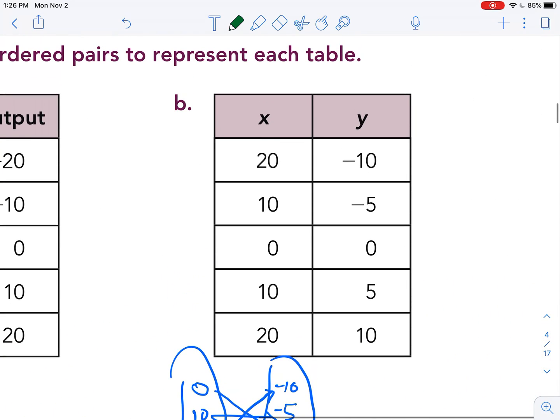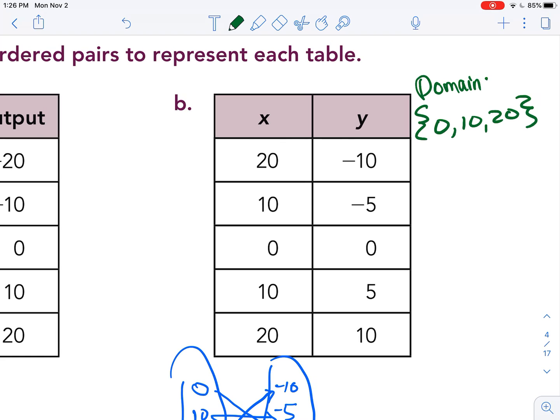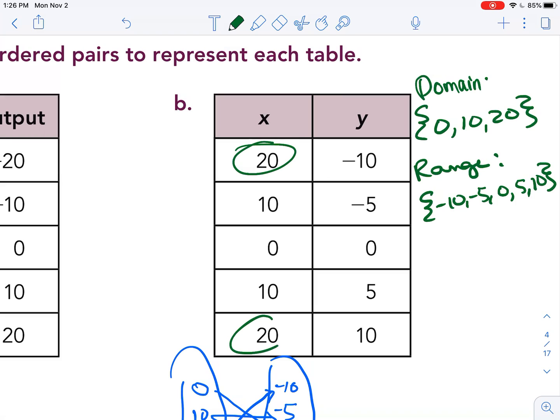Okay, over here, I don't know, where am I going to write this? Domain. That was so horrible. There we go. I have 0, 10, and 20. My range, I have -10, -5, 0, 5, and 10. If you notice, 20 repeats, 10 repeats.